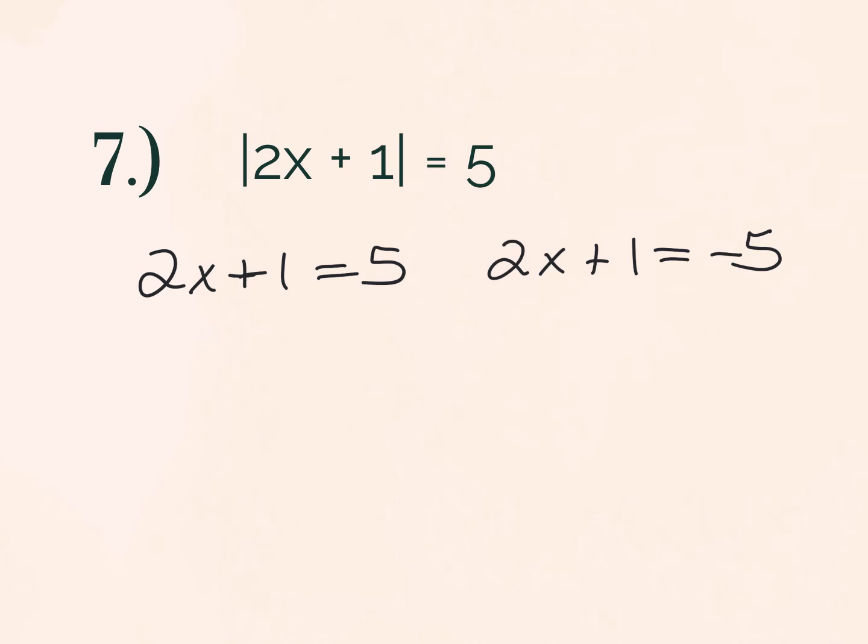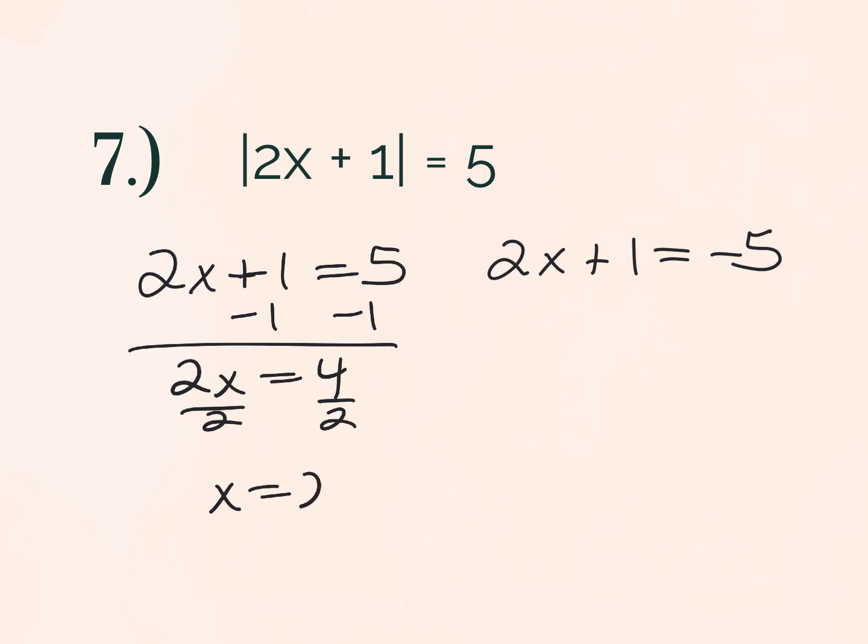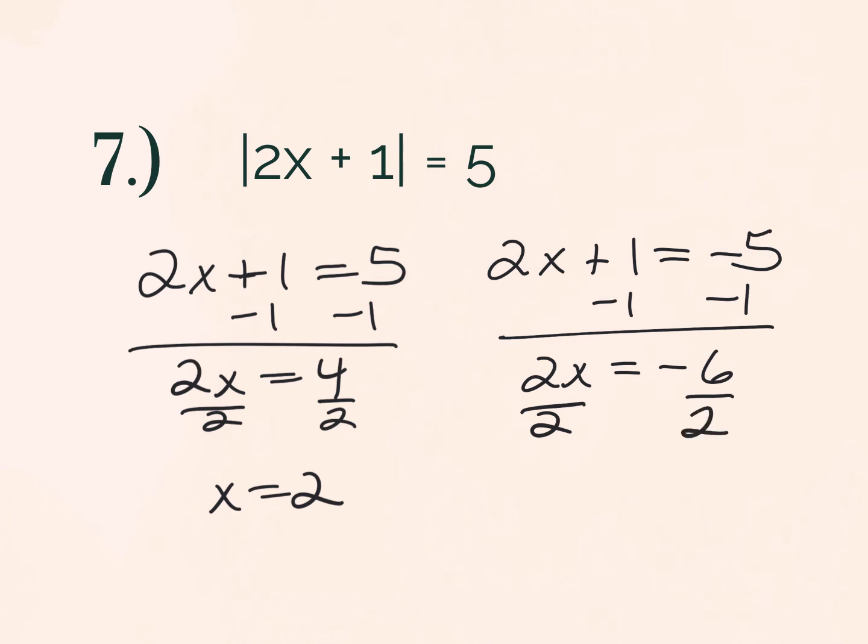And now I solve my two simple problems. Subtract 1, divide by 2. My first potential answer is x equals 2. Remember, we got to go back and check. 2x equals negative 6. Divide by 2. And x equals negative 3.